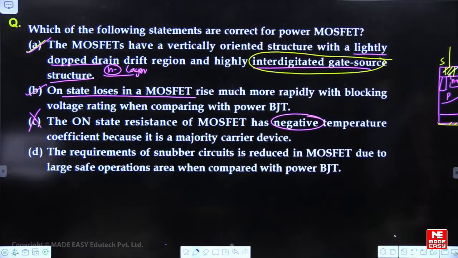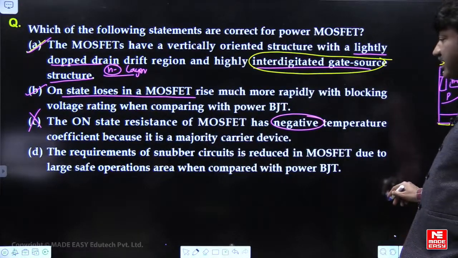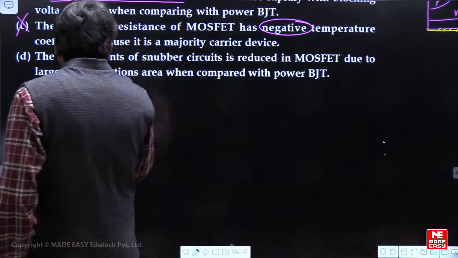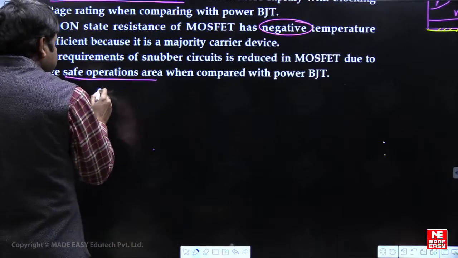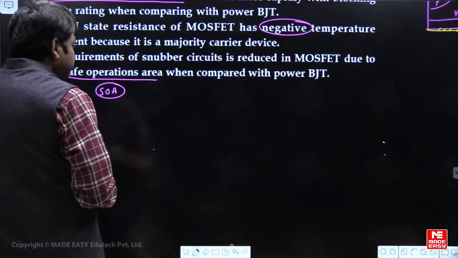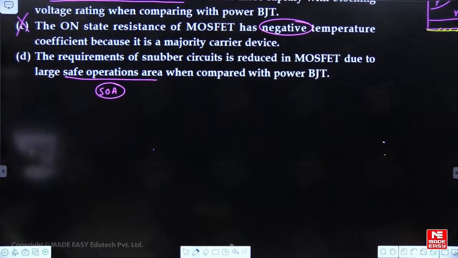So what do you understand by safe operating area of a transistor? Safe operating area explains all the possible operating points within which the device is safe to operate.